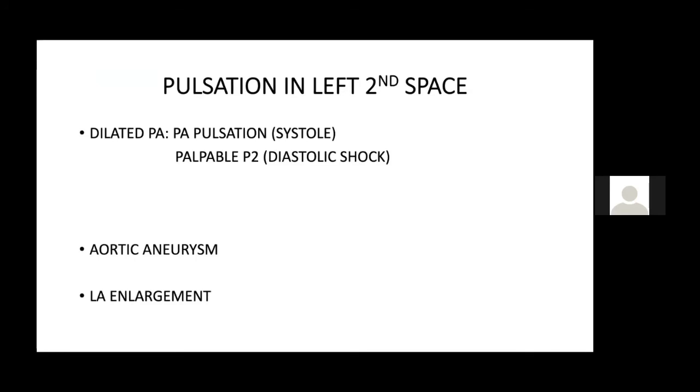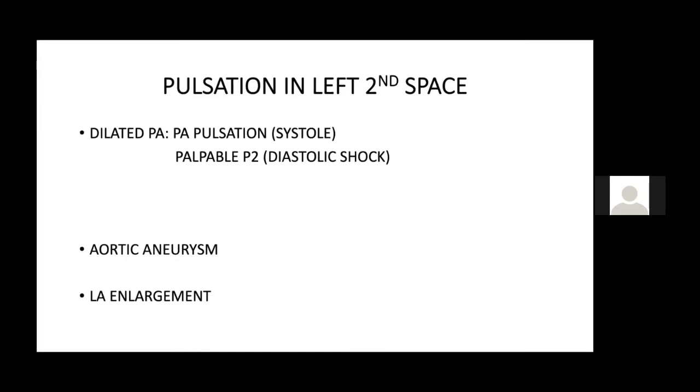If it is systolic, it is known as a PA pulsation, and usually we get it in pulmonary artery hypertension. However, in the absence of pulmonary hypertension, if we are getting it, we should always suspect atrial septal defect, because there is too much blood flow into the pulmonary artery, because of which P2 is palpable and second intercostal space pulsations will be there.